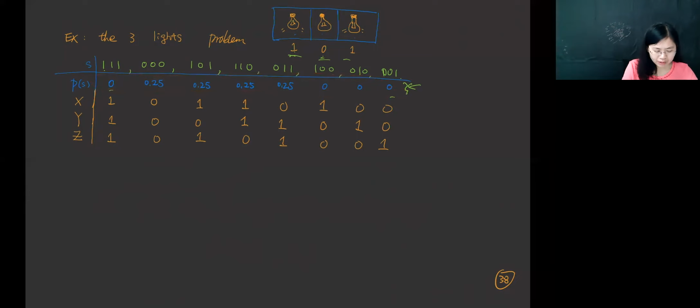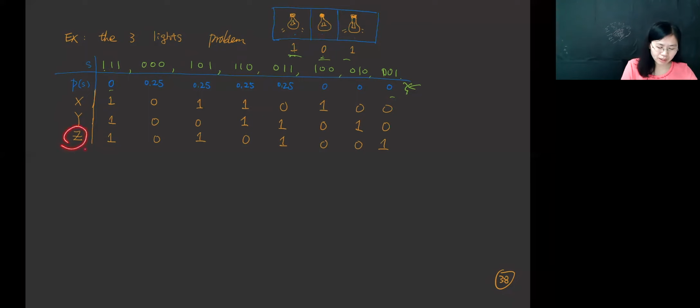And we can define the x variable, y variable, z variable to be 1, 0 variables, and x equals 1 if the first light bulb is on. So it's 1 when the state of the world is these 4. And y, similarly, y is 1 if the second light bulb is on and is 0 otherwise.